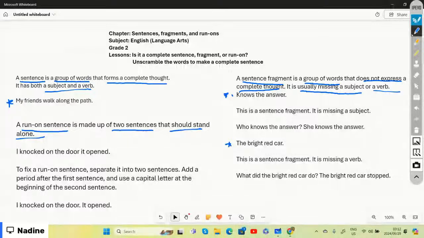A run-on sentence is made up of two sentences that should stand on their own.